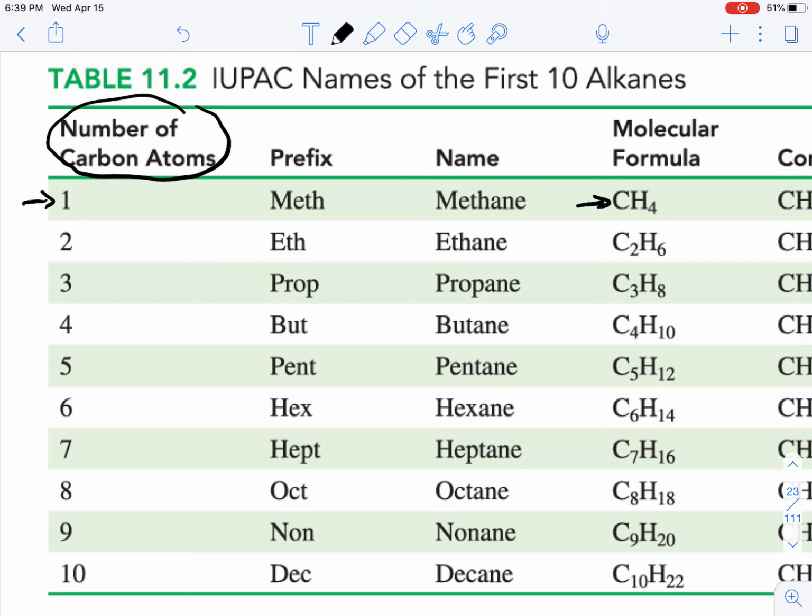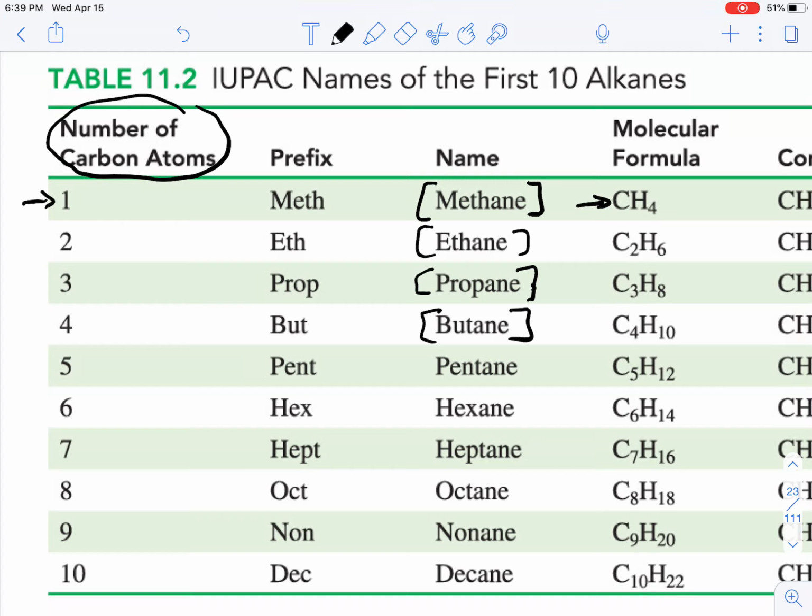Now, the name of CH4 is methane. So I'm sure you have heard of this before. Actually, maybe you've heard of the first four: methane, ethane, propane, and that's the same propane that you use for barbecue, and butane, like the fluid that's in the lighter.